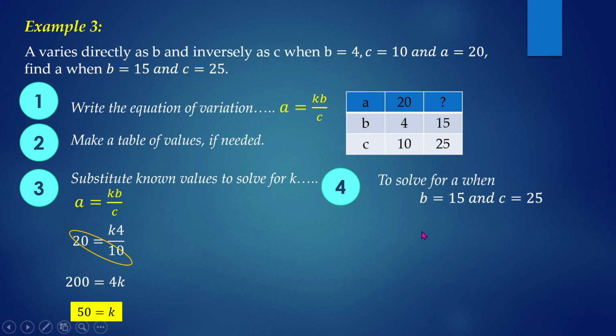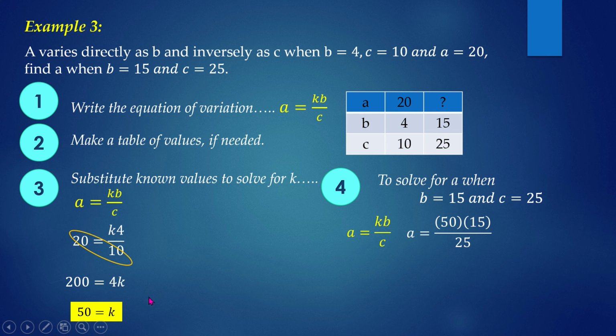Step number 4. To solve for the second value of A, wherein B is 15, C is 25. To solve for A when B is 15 and C is 25, go back to the equation. A equals KB over C. Next, A is equal to, ipakita man second value sa A, so A is missing, equal to, saan yung 50?